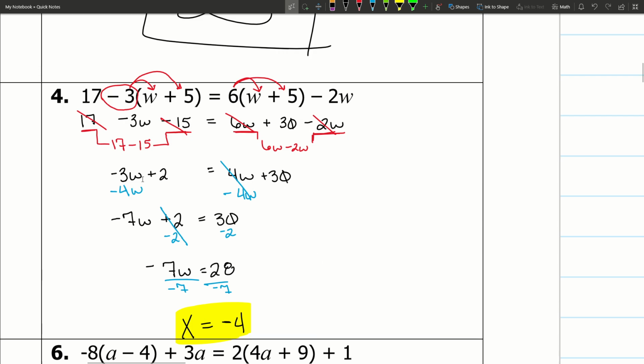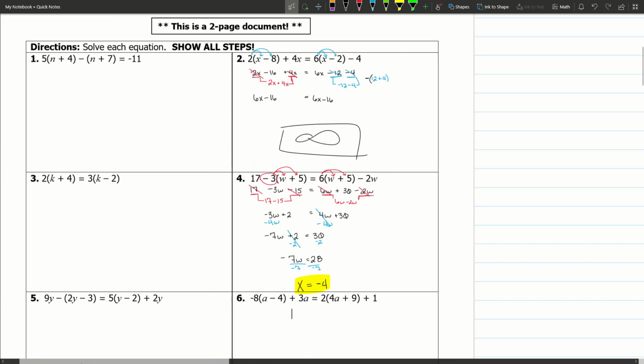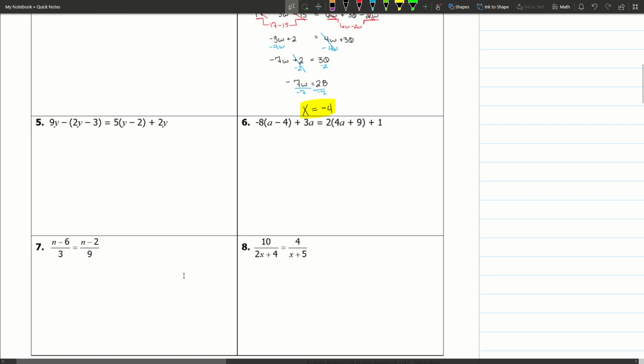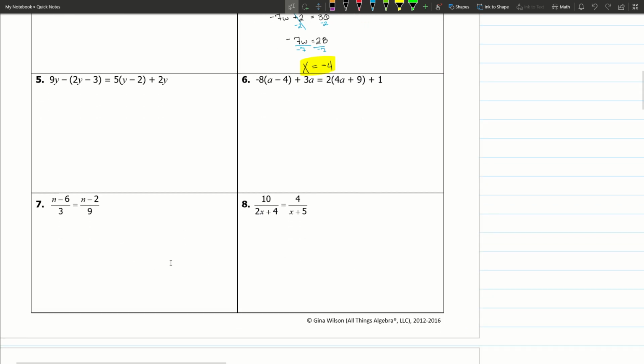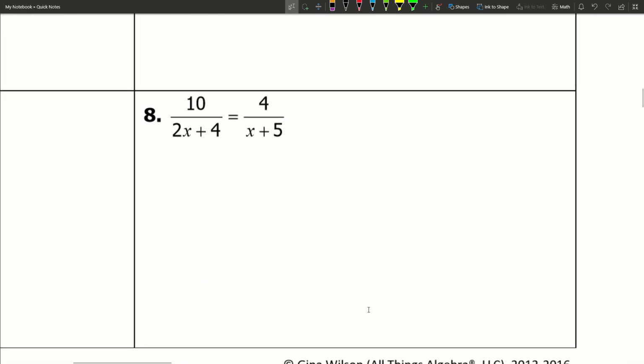And I'll give you one more on this front page before I scroll to the back. Let's do one of these fraction ones. I'm going to do number 8 because it has that 2x with it. On this, what we're going to do is cross multiply, or butterfly method.